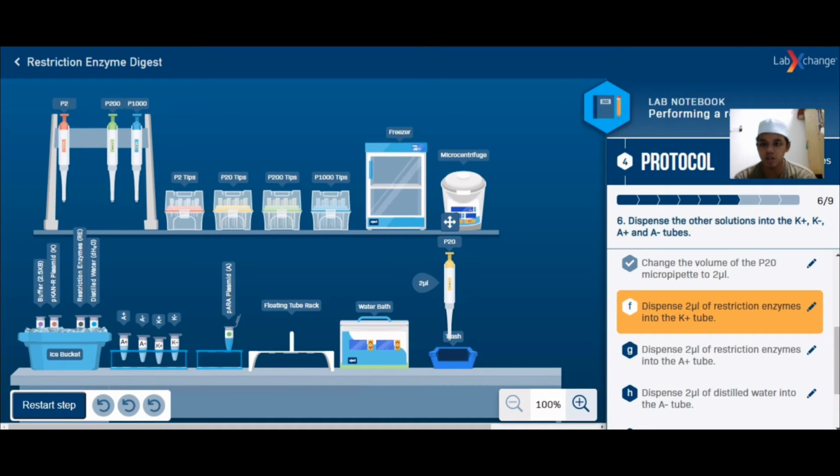After we change the volume, we need to dispense 2 µl of restriction enzyme into the K plus tube.